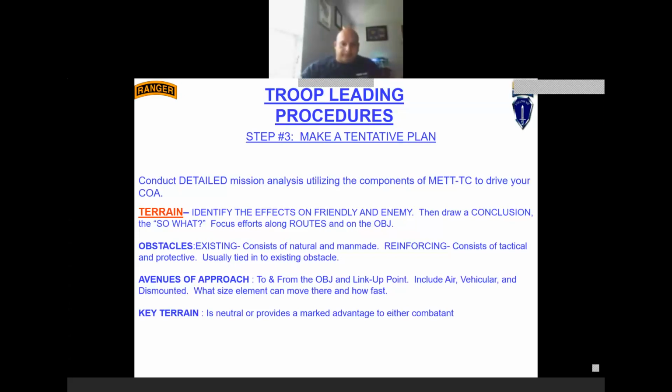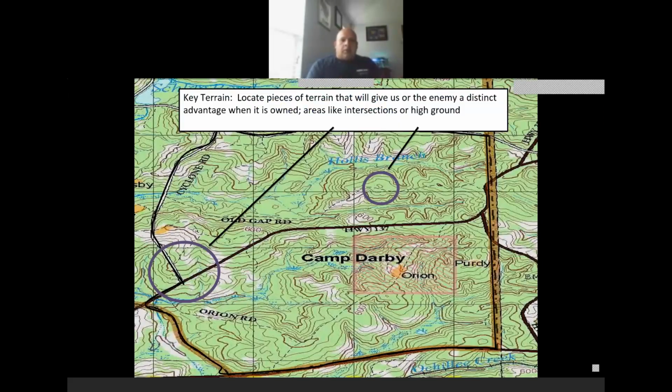So we've got an intersection. That's key terrain. It doesn't have to be natural all the time, but that T intersection is key terrain. We also have that draw right there, that ridge line. To the east, we have a hilltop right off a trail.